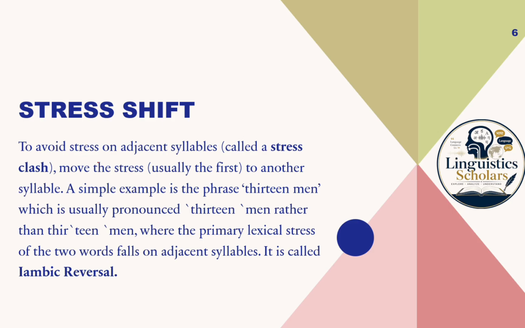To avoid stress on adjacent syllables, that is, stress clash. Let's say we have a phrase like thirteen men. Men is a noun, so the stress falls on the first syllable, and there is only one syllable, so it takes the stress.